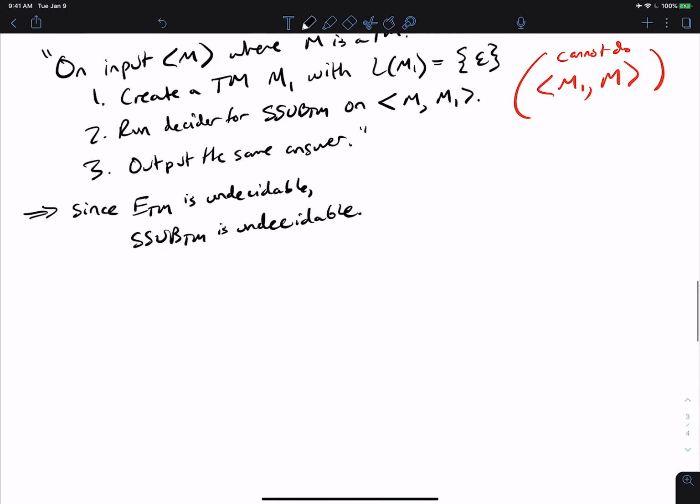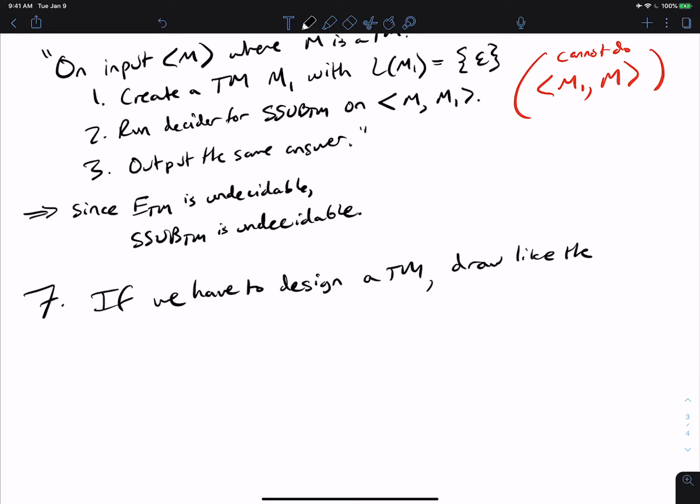Okay, and then the final question is, if we have to design a Turing machine, do we draw it, like in the homework, or give an algorithm?